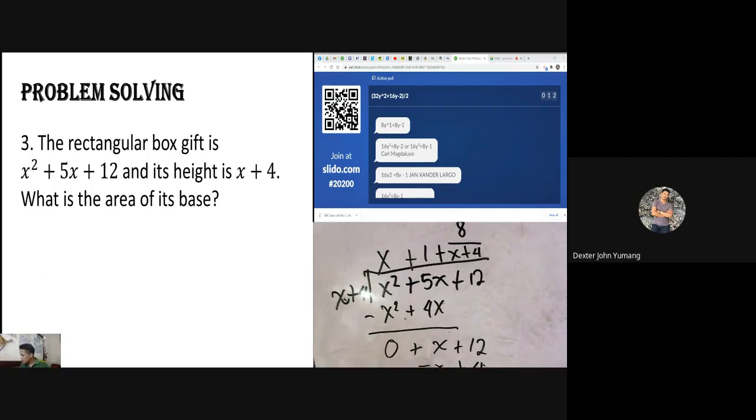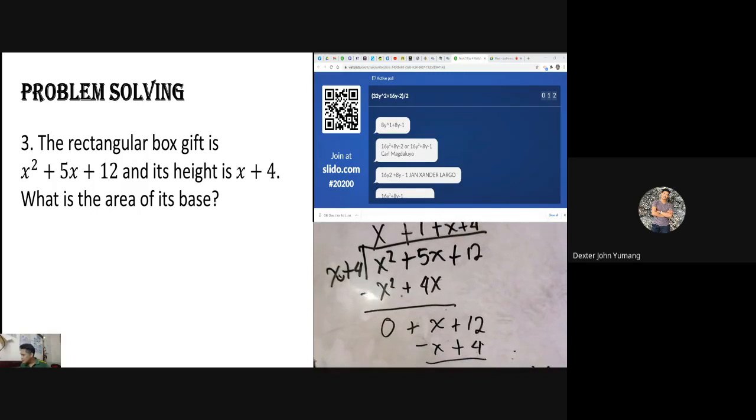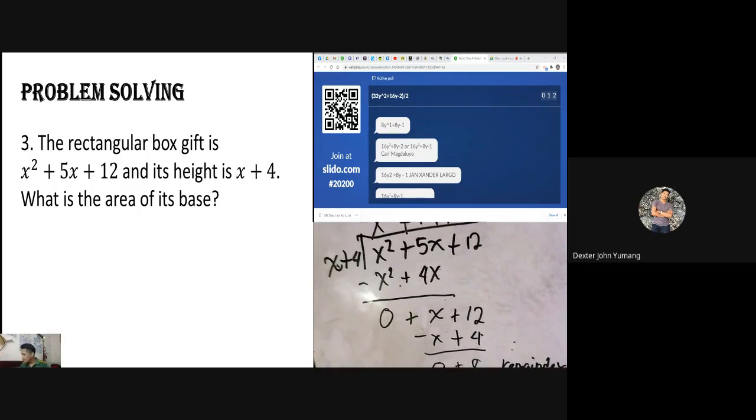Okay, pwede ko na siguro i-move down konti. Then, 0 po ang dulo. X plus 4, 8 pala. 0 plus 8.